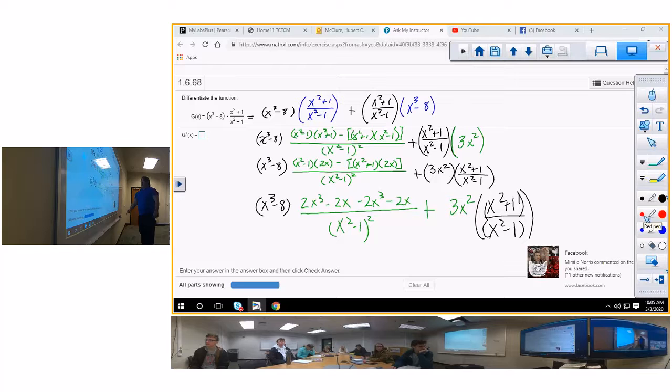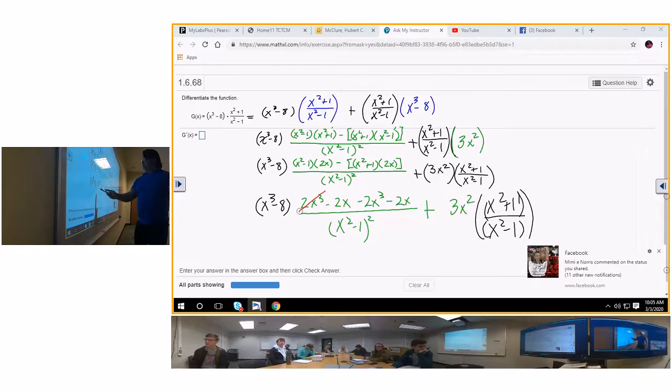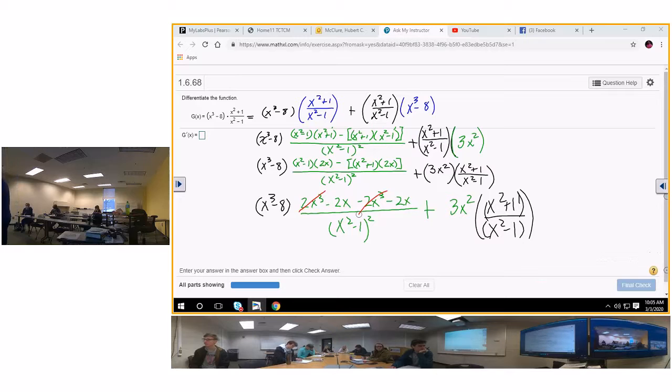And the 2x cubes, they cancel. 2x squared, so that's negative 4x.